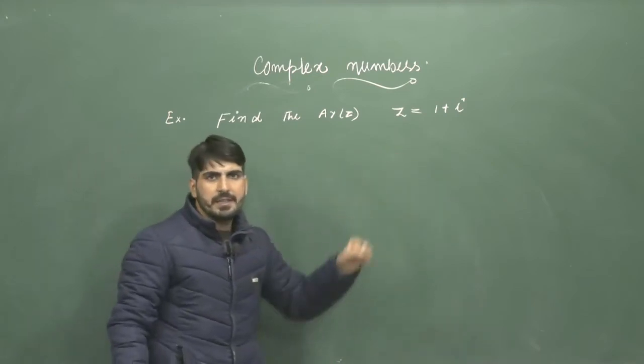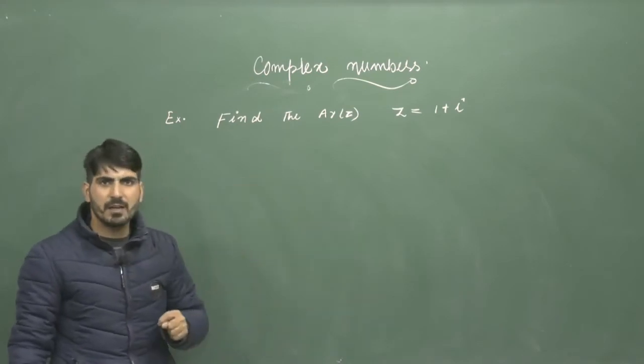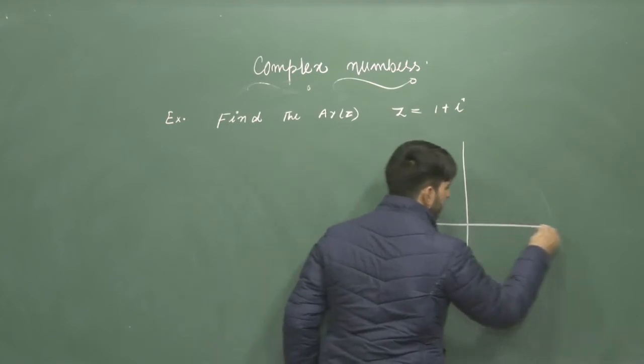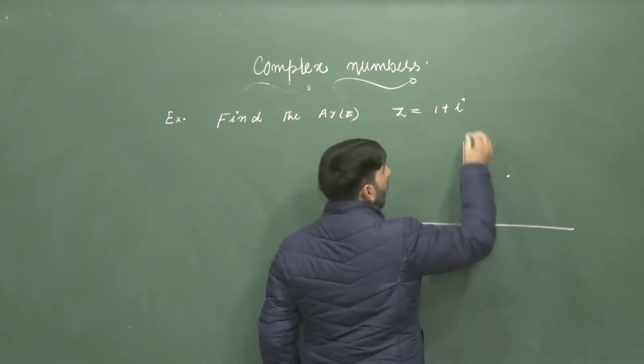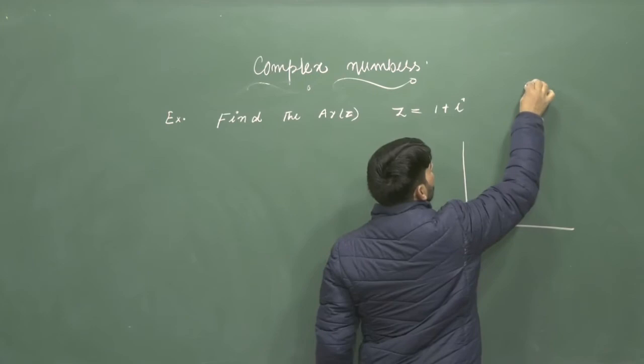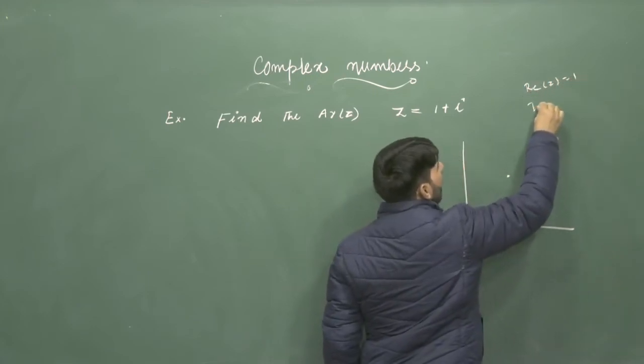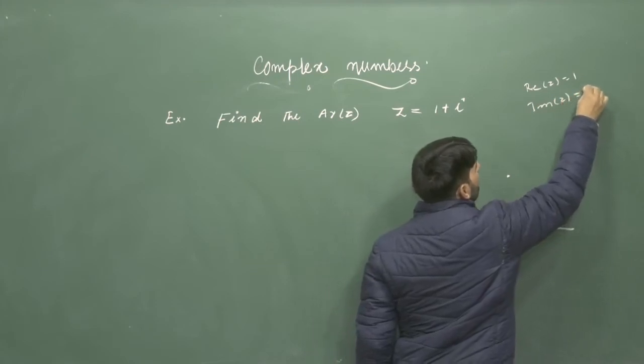Thus, we can say this complex number lies in the first quadrant. So, its geometrical representation is like this. Here, the real part of the complex number is 1, and the imaginary part of the complex number is also 1.